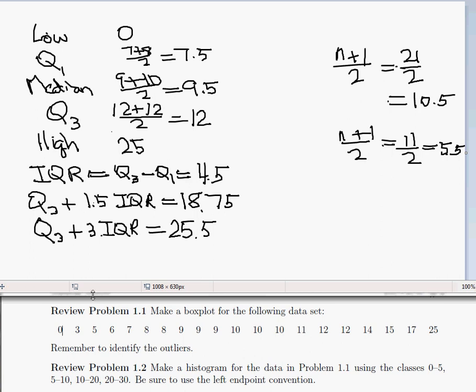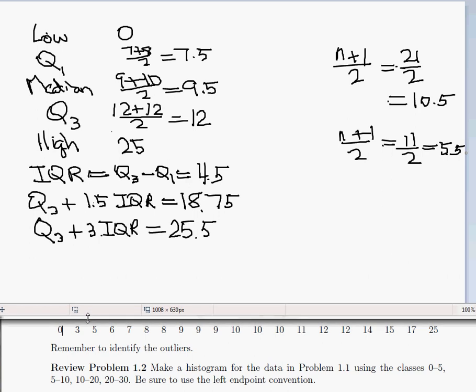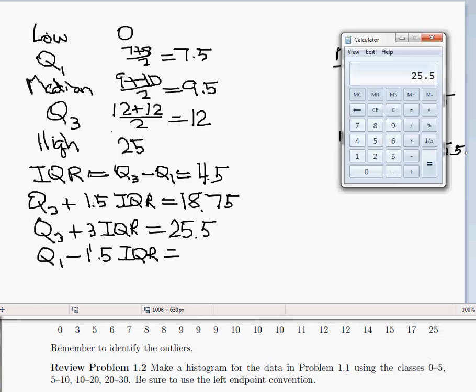Continuing, we need to get the cutoffs for the lower end of the scale. Same logic, we need Q1 minus 1.5 times the IQR. Plugging into the calculator, 1.5 times the IQR is 4.5, that's 6.75.